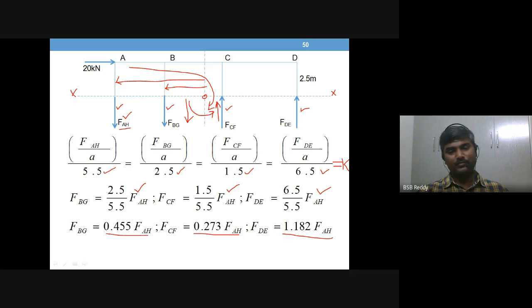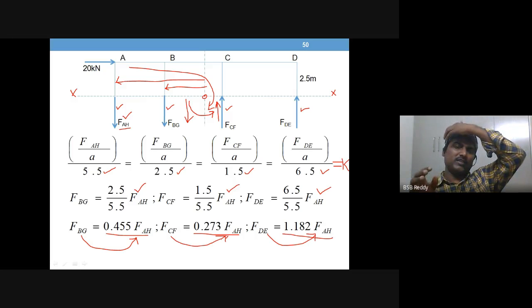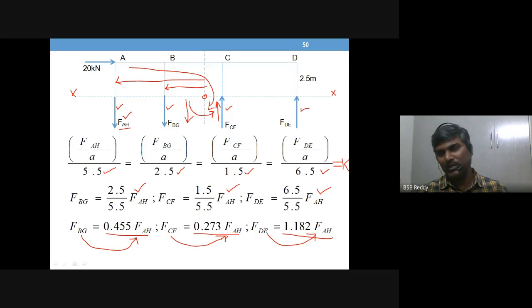First one, BG to first column, second column is this, CF to column, and then DE to first column. Likewise, the column axial loads present in that story are related to any one of the columns. You choose the last one. Likewise, you choose any of the columns.